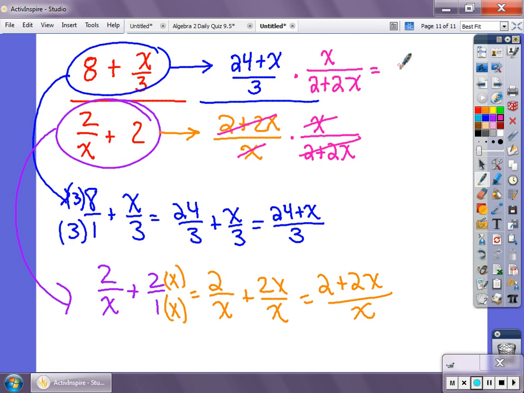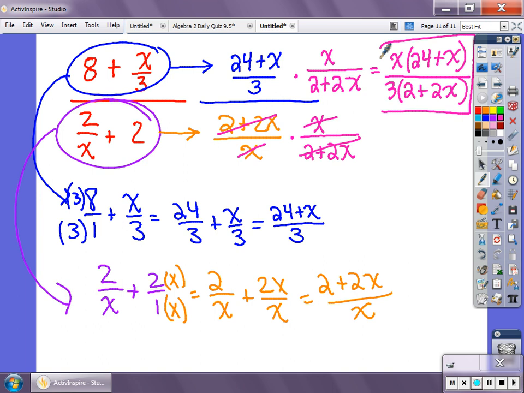So when you write your answer, write the x first, then the 24 plus x, all over the 3, and then the 2 plus 2x. And you want to box that answer up. So, happy studying, mathematicians.